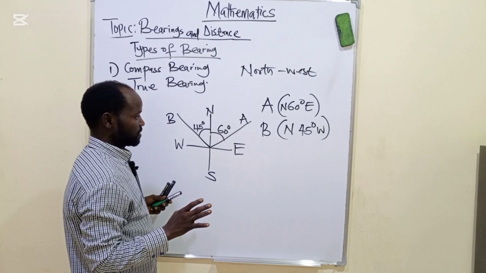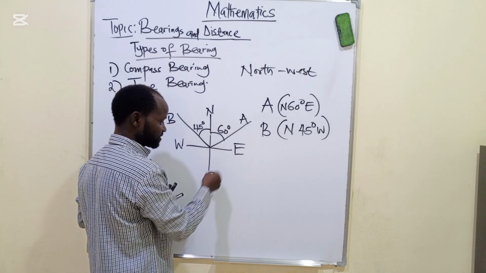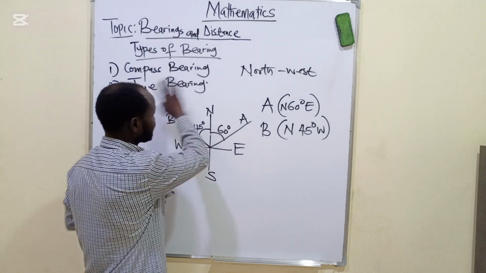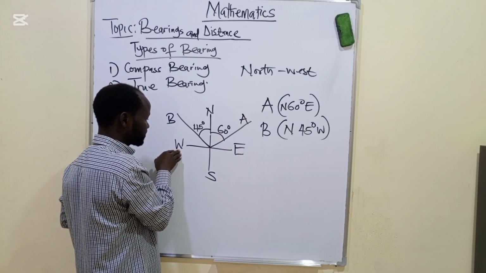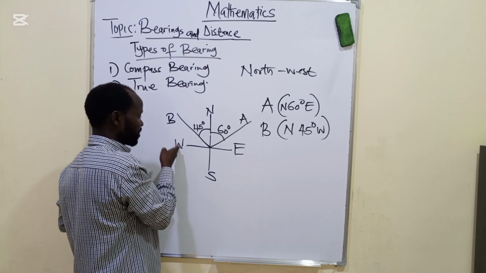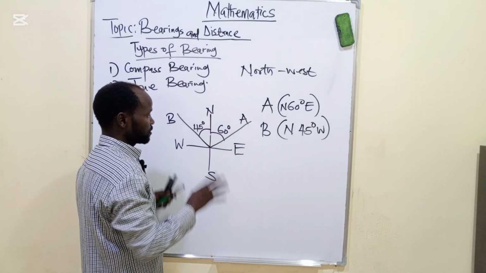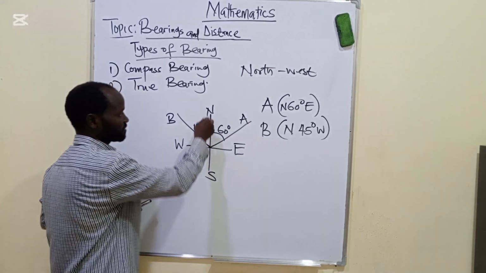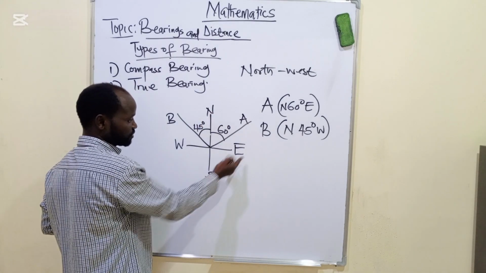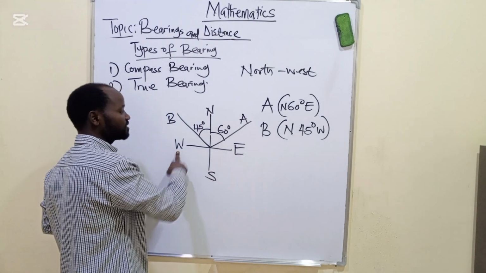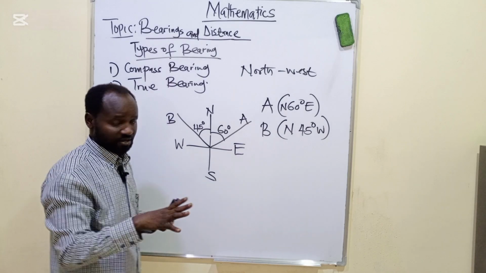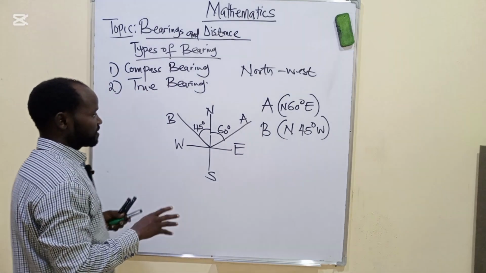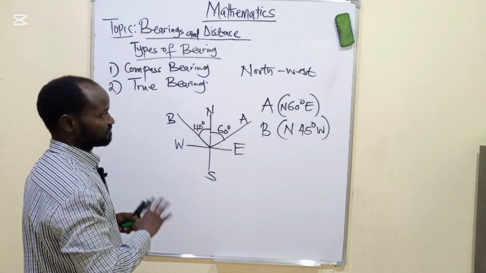Very important. We don't have east, south. No, we don't have that as far as compass bearing. Or we don't have west, south, or west, north. No, it's wrong. The only representation we have, we can say northeast, southeast, southwest, and northwest as far as compass bearing is concerned.